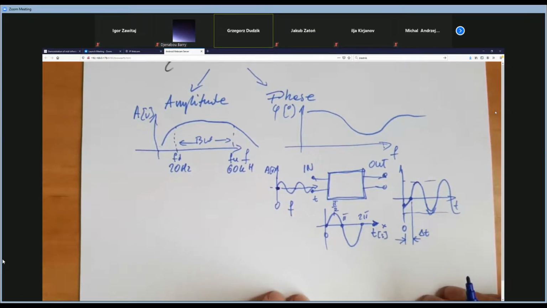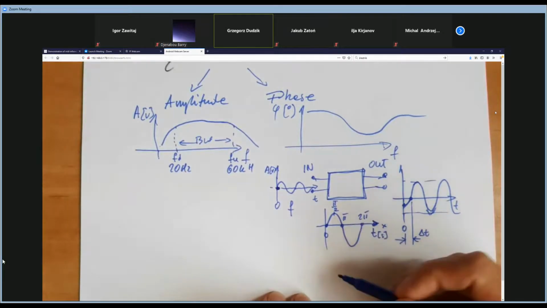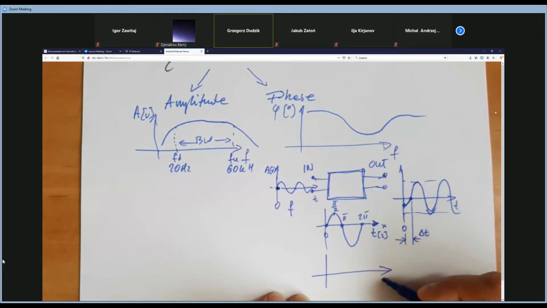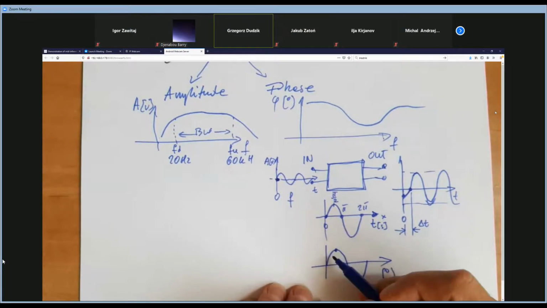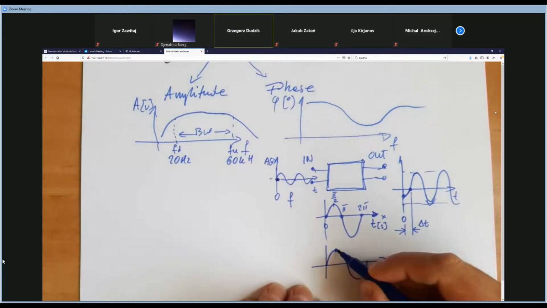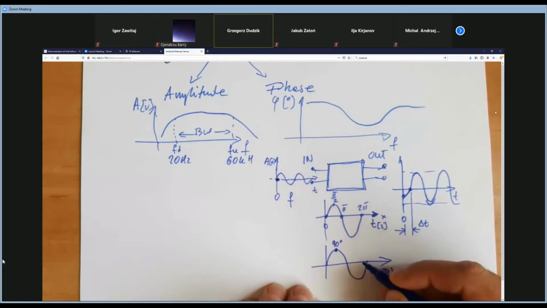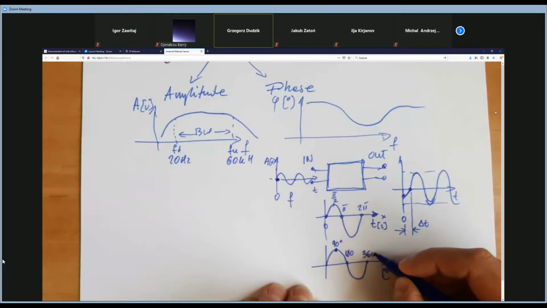Okay, so in other words, we can say also that the sine waveform has some phase, an instantaneous value of the phase. Here we've got pi over 2. Pi over 2 in degrees is 90 degrees. Here we've got 180. Here we've got 360 degrees.